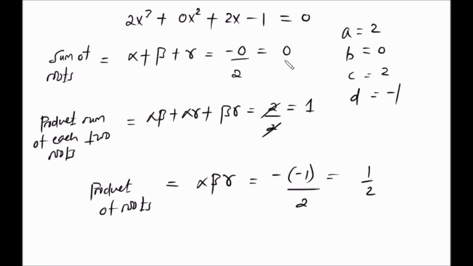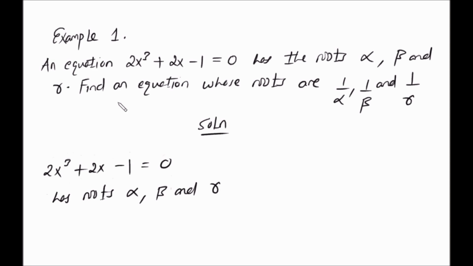So this is the sum of roots. This is the product sum of each of the two roots. And this one is the product of roots. Now what does the question say? The question says: find an equation whose roots are 1 over alpha, 1 over beta and 1 over gamma.